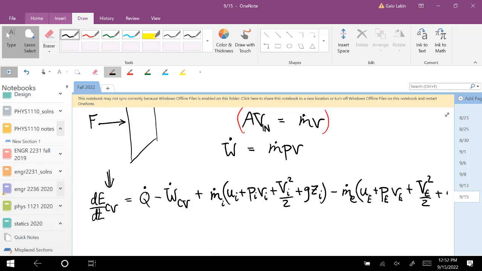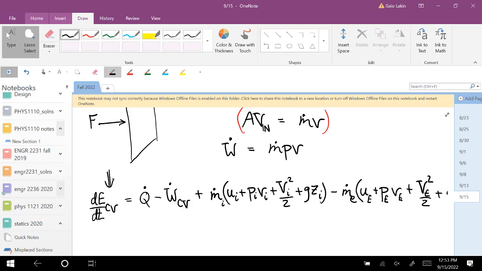But what's the difference then with the other work term, the W of the control volume? So this is the work done just at the inlet and exit by the material pushing on the other material as it comes in. But that could be anything else going on? The work is if the control volume itself is expanding or something. Say the control volume itself is a piston.